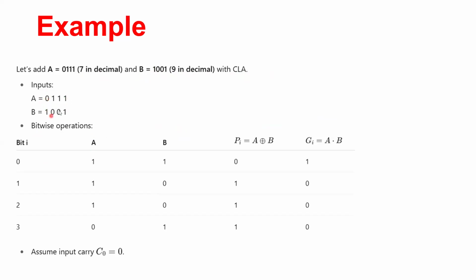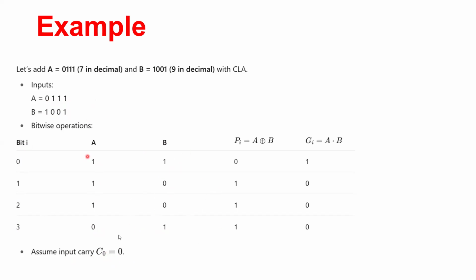For bit i equal to 0 up to i equal to 3, you put these numbers here: 1110 for A, and 1001 for B. This side is the LSB and these are the MSB. You assume that the initial carry C0 is equal to 0.